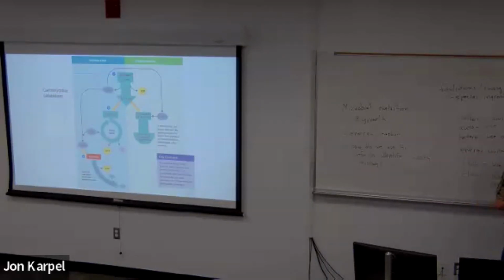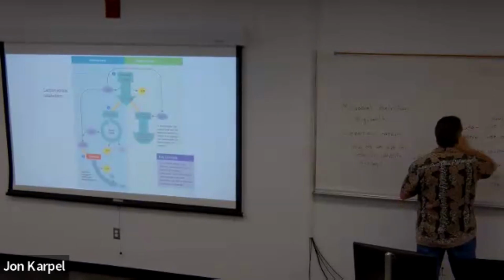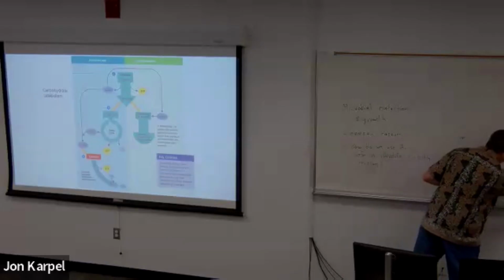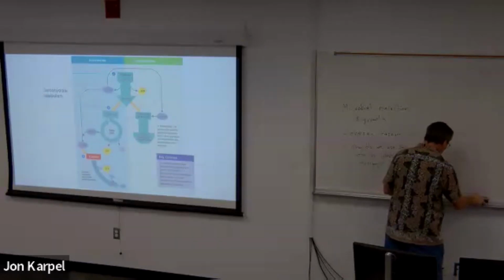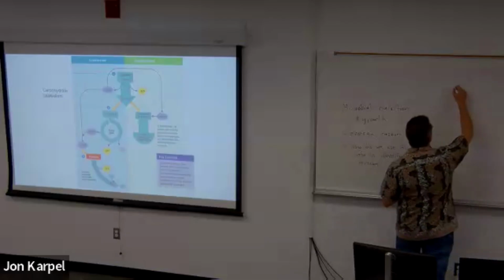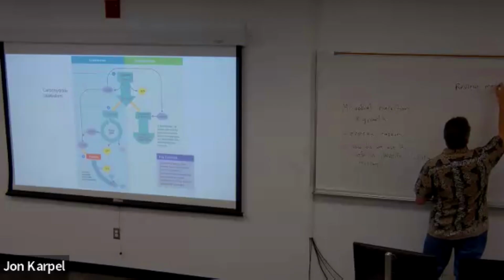Okay, what I want you to review is the classic pathways that are used in not just fermentation, but all of aerobic respiration as well. I'm going to change color so that they can look better. So, metabolic pathways.